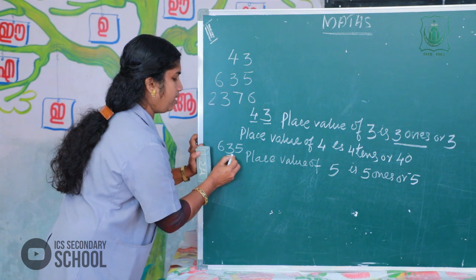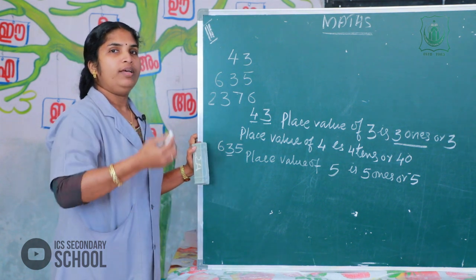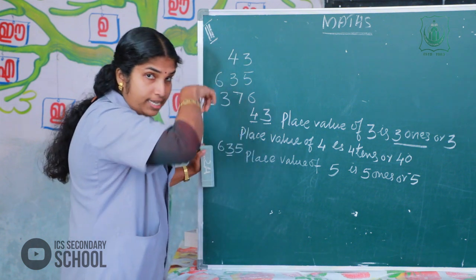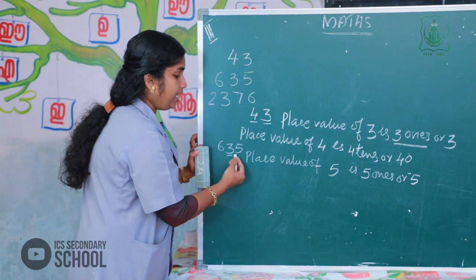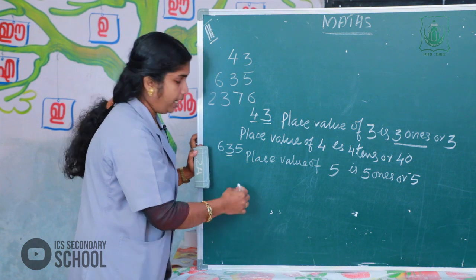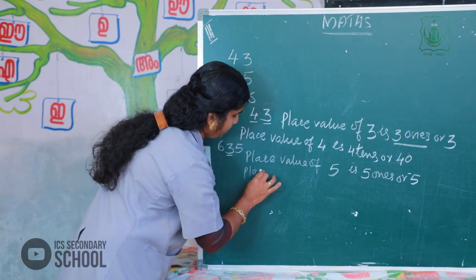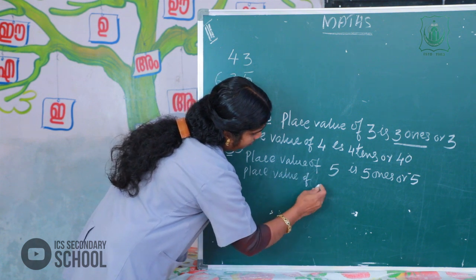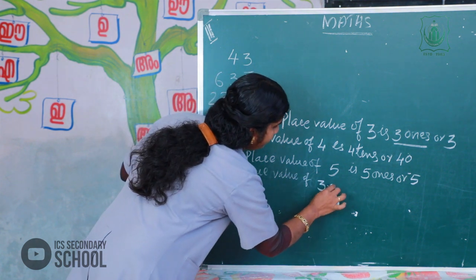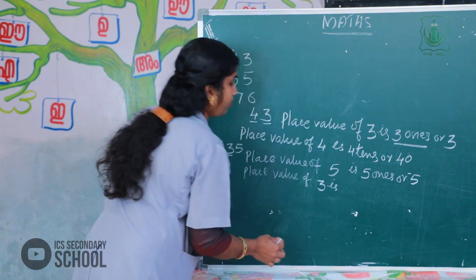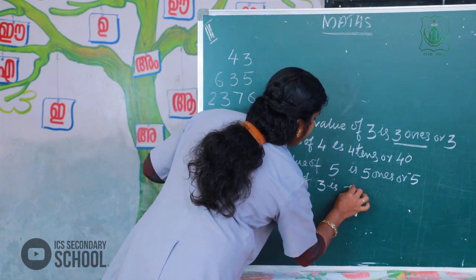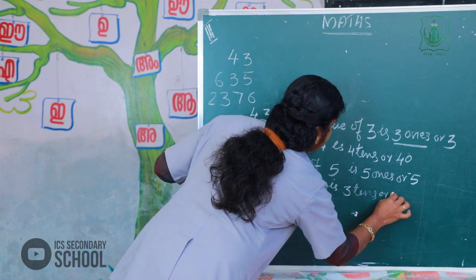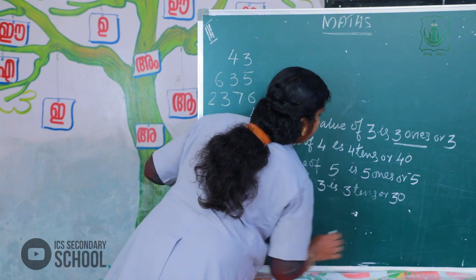Next, the place value of 3 in 635 is 3 tens or 30.